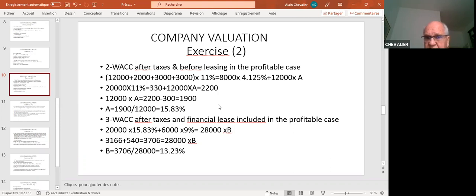The second element is that the higher the tax rate, the higher the impact. And when you have profitability which is very high for the firm, and a tax rate which is very high, the impact is very high. And the incentive behind is that with a profitable situation for the firm with a high tax rate, it's better in terms of cost calculation to finance the company using debt.